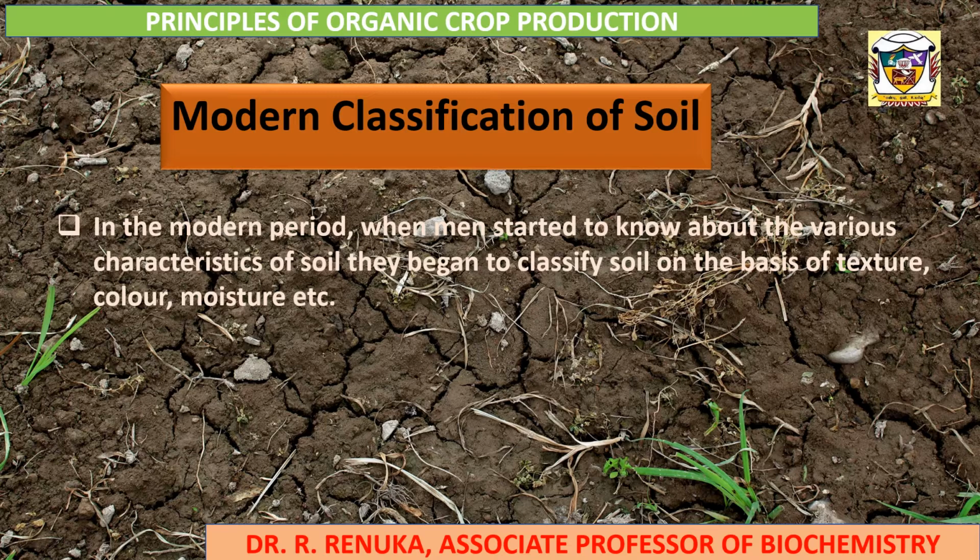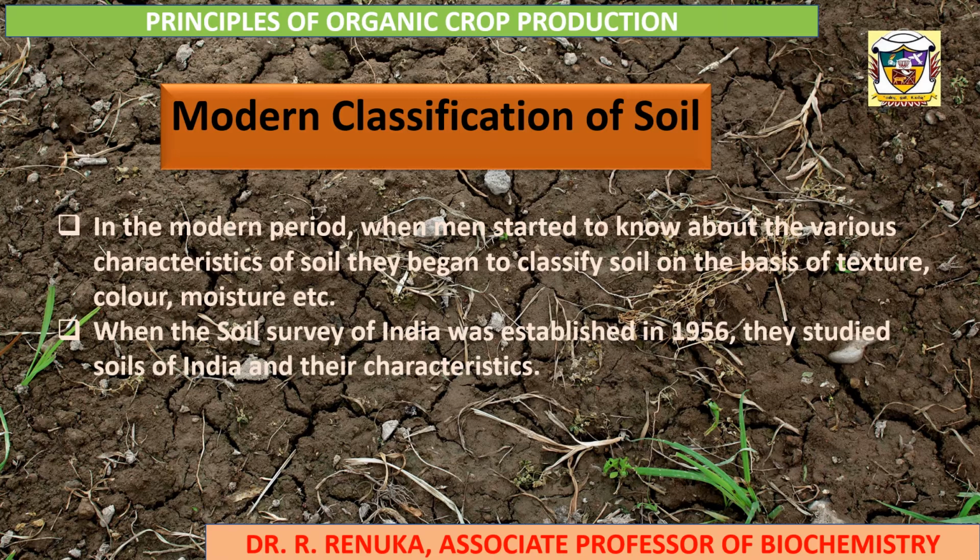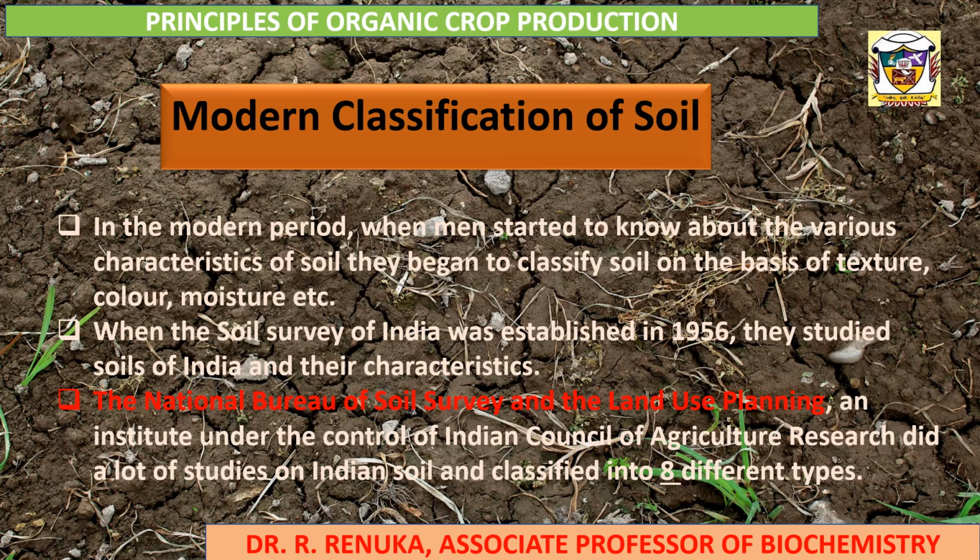In the modern period, when men started to know about the various characteristics of the soil, they began to classify soil on the basis of texture, color, moisture, etc. When the Soil Survey of India was established in 1956, they studied soils of India and their characteristics. The National Bureau of Soil Survey and Land Use Planning, an institute under the control of the Indian Council of Agricultural Research, did a lot of studies on Indian soil and classified them into 8 different types.